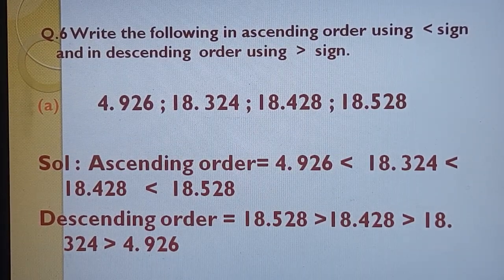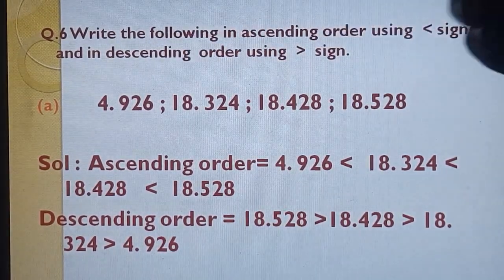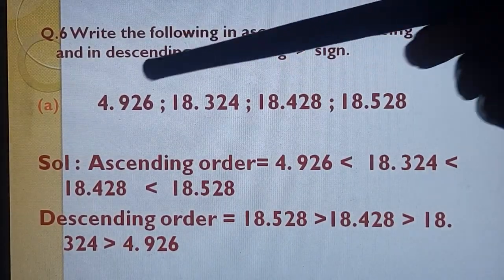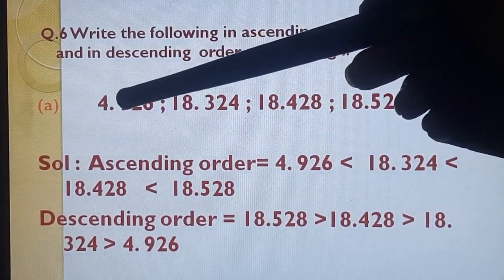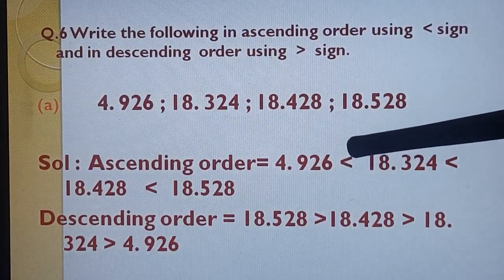First of all, we have to arrange in ascending order, means smaller to bigger. First we check the whole number part: 4, 18, 18, 18. 4 is the smallest one, so it will come on the first place, 4.926.